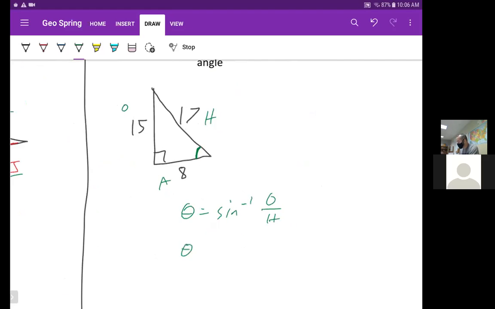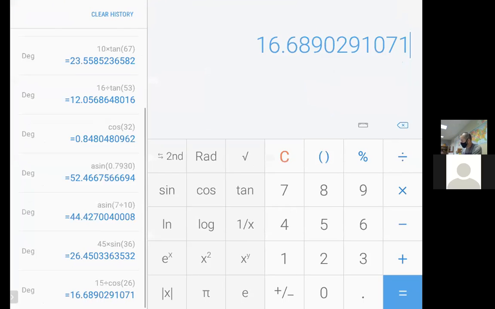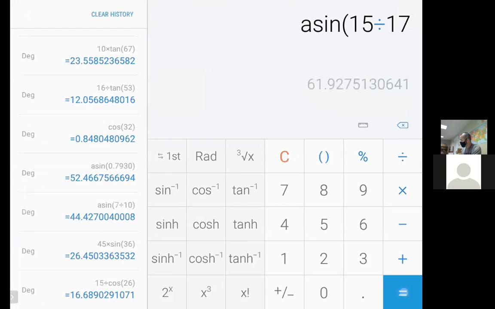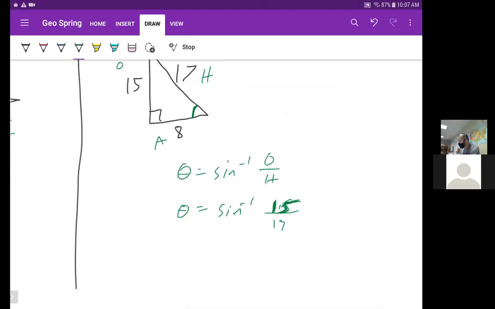So theta equals the sine inverse of 15 over 17, which is 61.9. So let's call that 62. So theta equals 62.